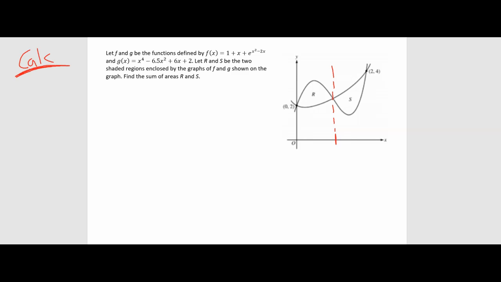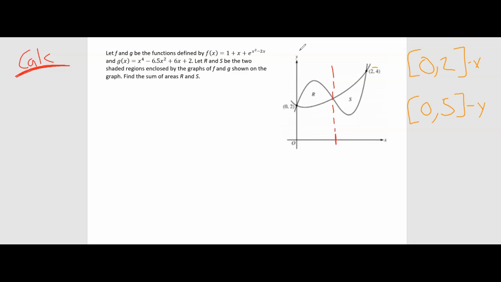You're not going to be integrating here by hand. So you could just graph both of those functions to see which one is the f of x one, which one is the g of x one. It might be helpful to also, in your calculator, set up your window so that you're going from 0 to 2 for the x's, and you might want to go from 0 to 5 or so for the y's.